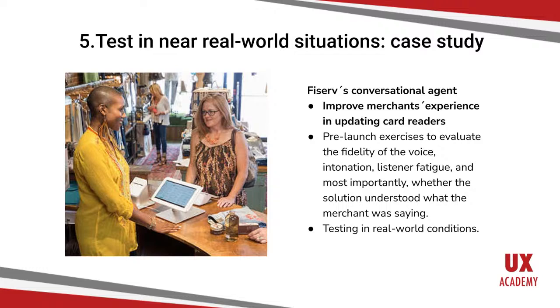So what is really important from a design point of view, in my opinion, and the key takeaway for me in this project, was that the choice of words crafted for this assistant was made in a way that any kind of customer could understand them in any kind of situation. So they didn't go for particular words that could possibly be misunderstood in a very noisy environment.